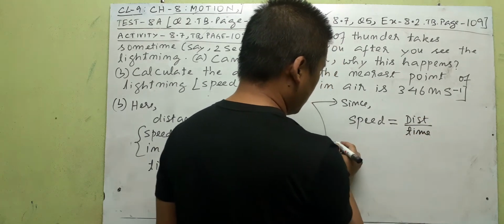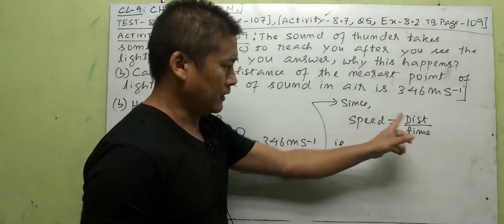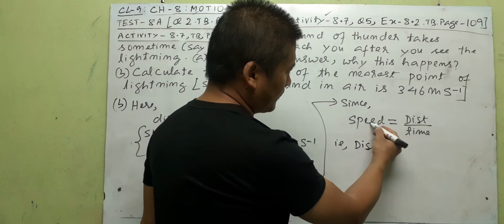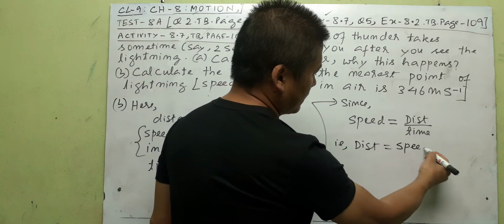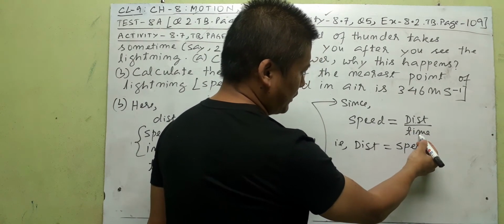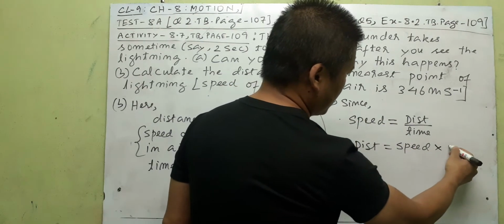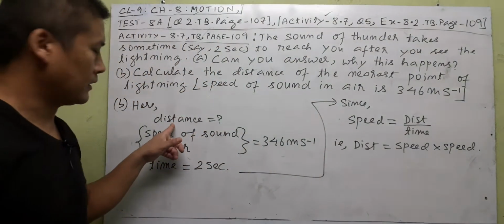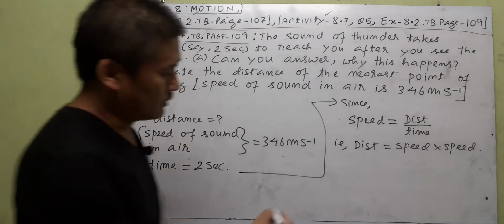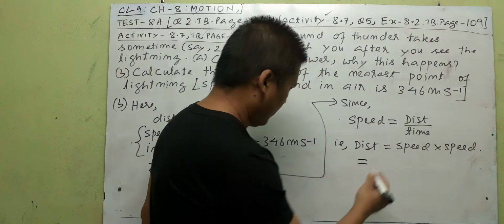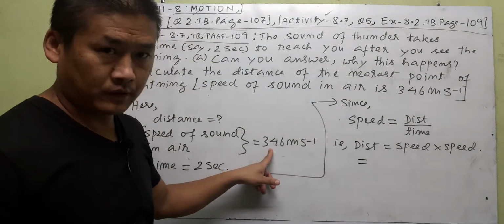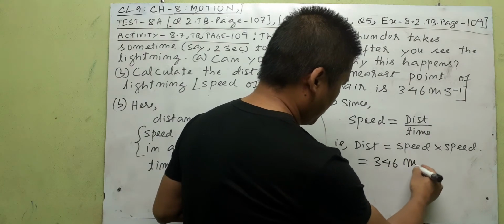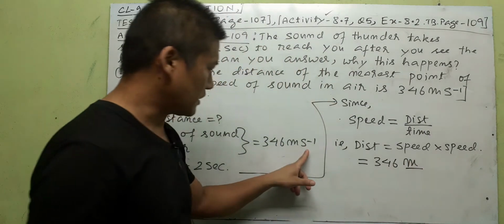We know this. In other words, we want to find distance this time, so we'll keep the distance without moving, and also don't touch speed. Now if we shift this denominator time, it will go up and multiply with speed. So this is our formula that we require now, because we have to find the distance. So that will be equal to the speed of the sound of thunder, 346 meter into second to the power minus 1.